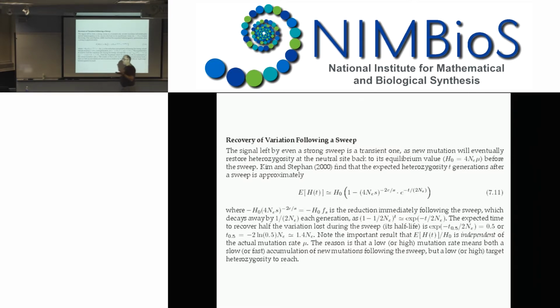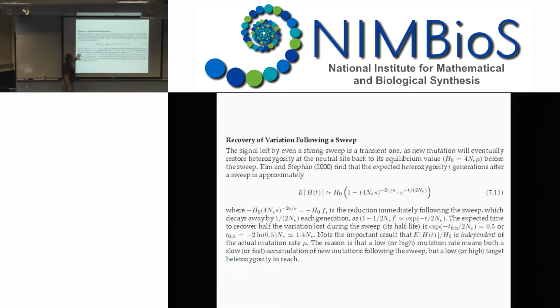So if you read about people looking at microsatellites, which have very high mutation rates, and they notice that the level of variation seems to be much higher in microsatellites, and they argue that's because microsatellites have a higher mutation rate and therefore recover from a sweep quicker, that's incorrect. The reason you get the higher levels in microsatellites is because mutations are occurring while the sweep is in progress and generate them.